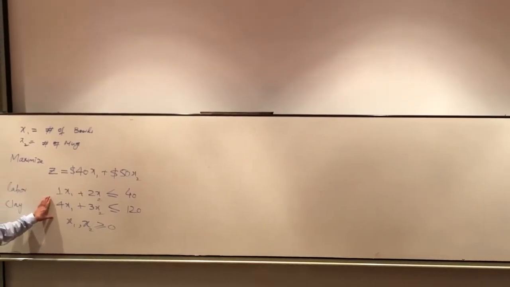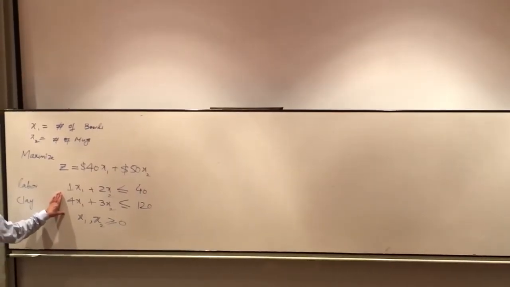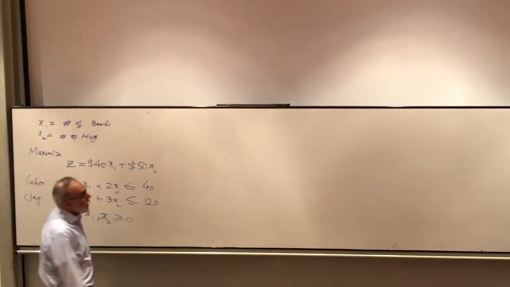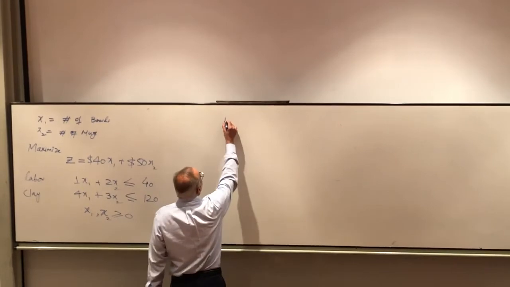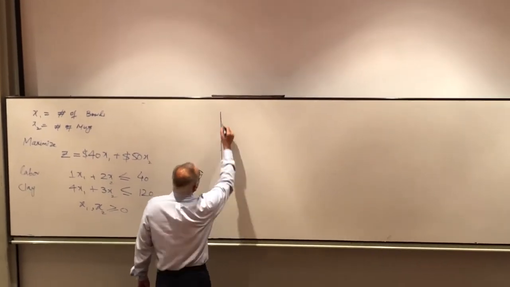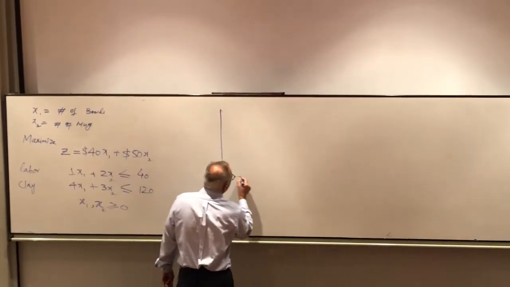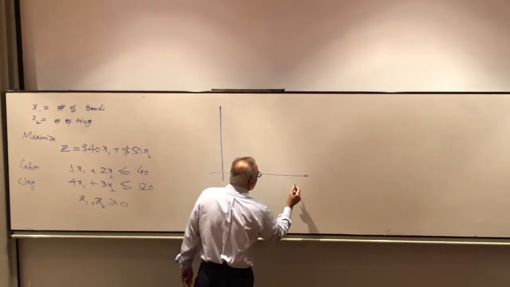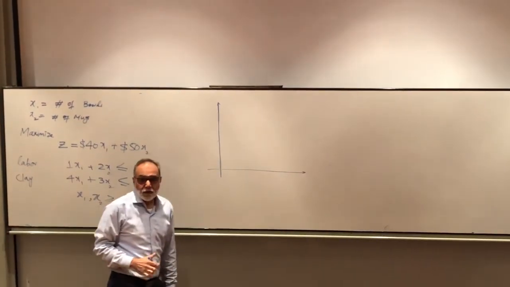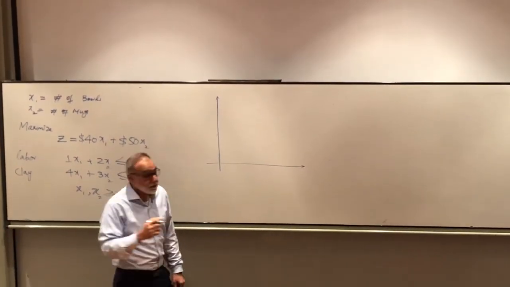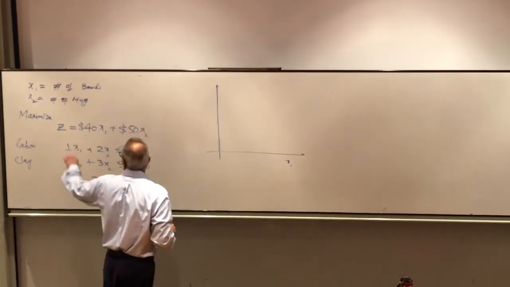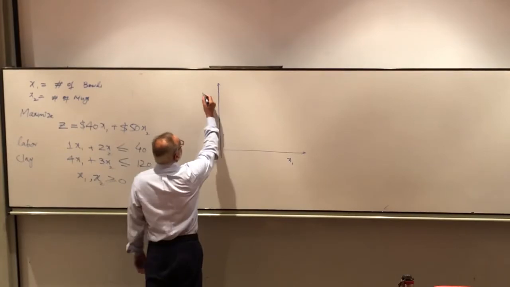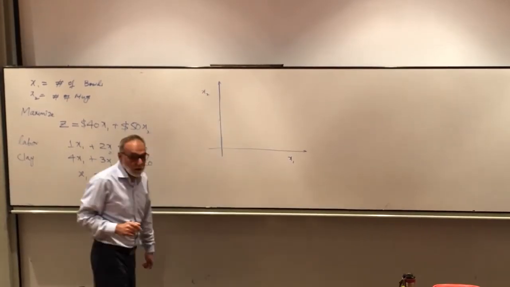Now the graphical technique is that we graph this. On the axes we choose the decision variables: x1, number of bowls, and x2, number of mugs.